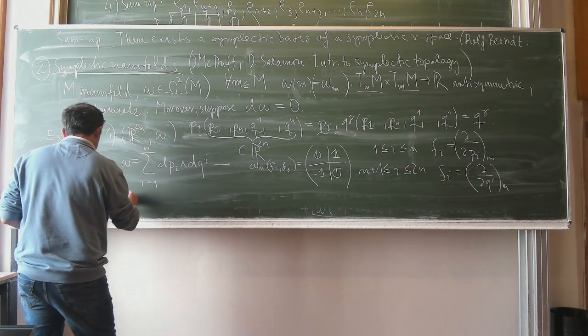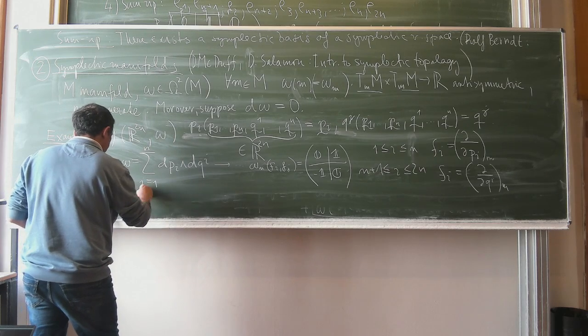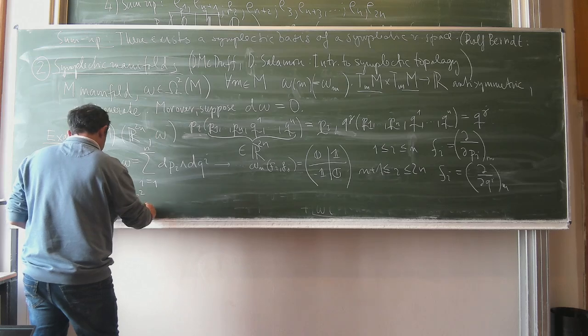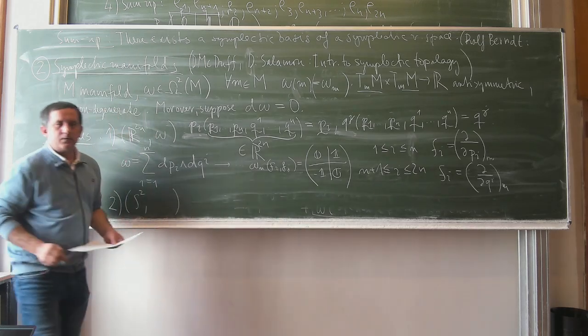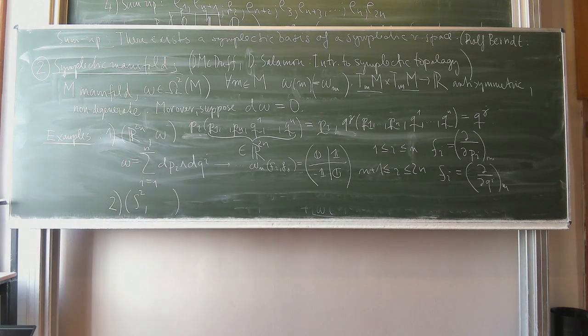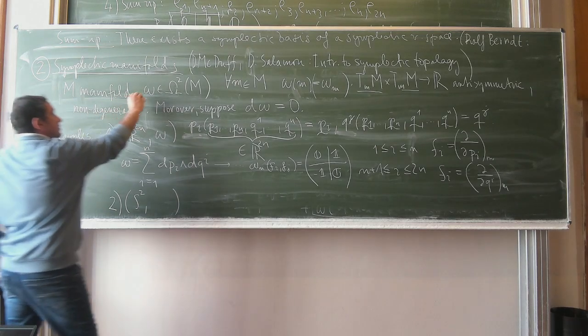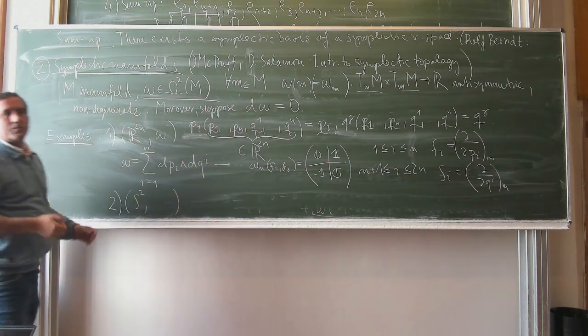Second, the round sphere. What could be a symplectic form? So a symplectic form, not on a vector space, but on the sphere. This also gets forms from these coordinates.